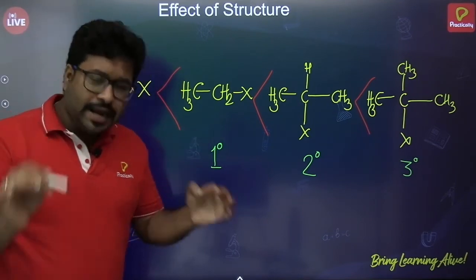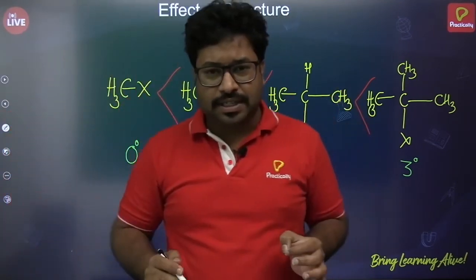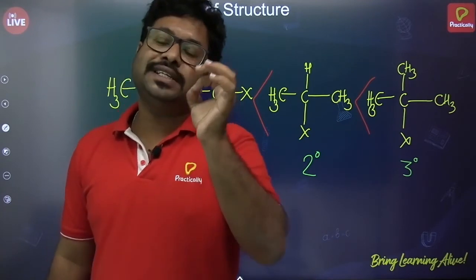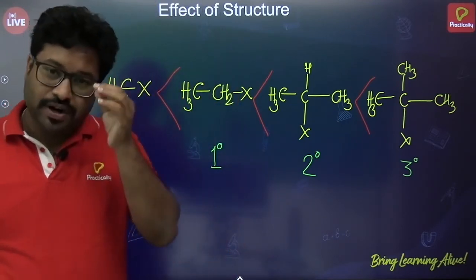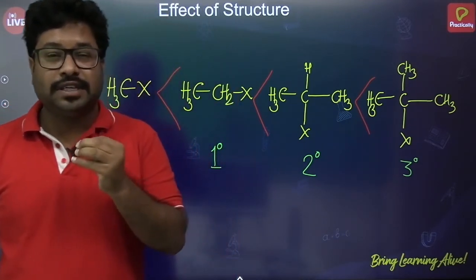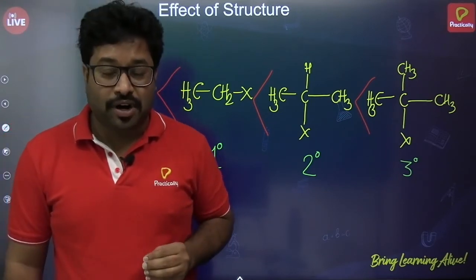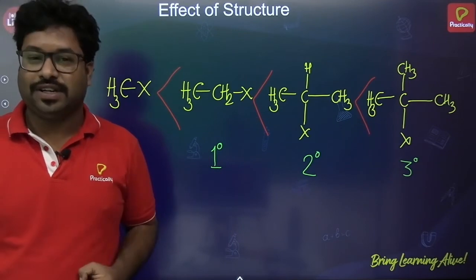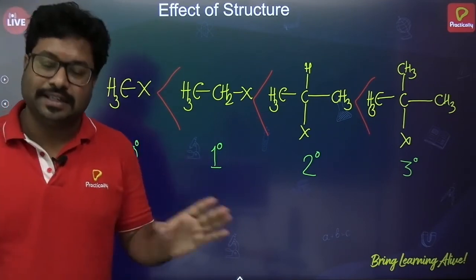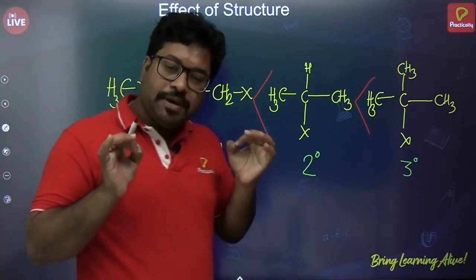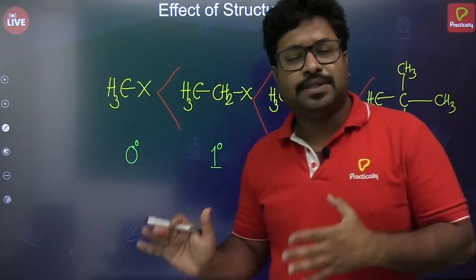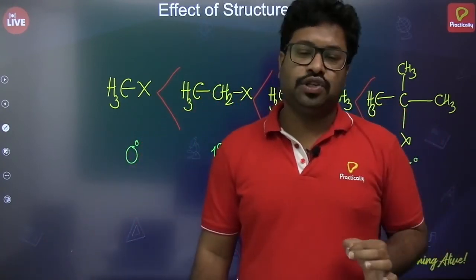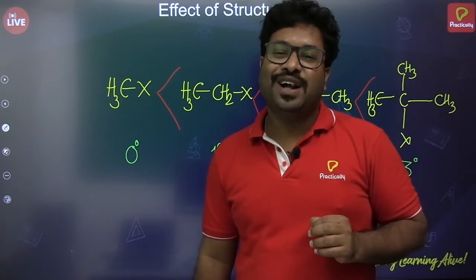Okay, so any substrate which gives you the most stable carbocation, mark my word, would also give you the SN1 reaction fastest. It is that simple. So the rate of SN1 reaction, as far as the substrate is concerned, is directly proportional to the stability of the carbocation.